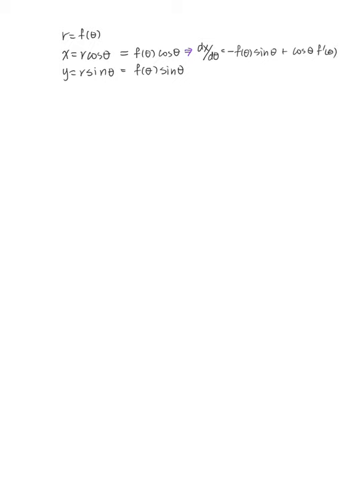And then doing the same thing for our function y, if I differentiate this, our notation is going to be dy over d theta, which is f of theta multiplying here by the derivative of sine of theta, which is cosine, and then plus sine of theta multiplying here by the derivative of f of theta, which is f prime of theta.